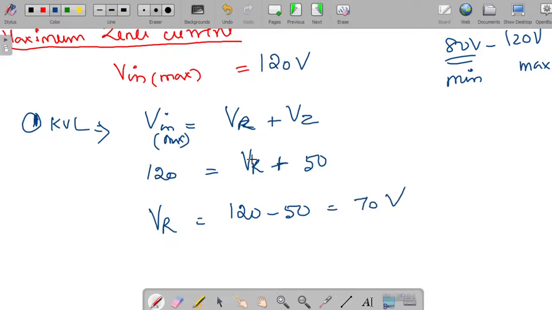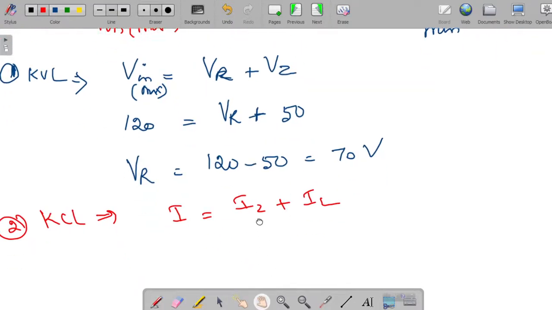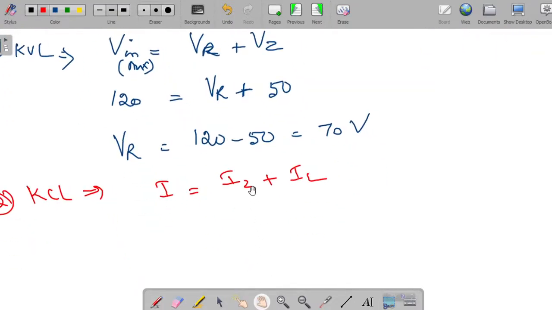Right. So now we can pass on to the second equation. What is the second equation? That equation is KCL. By KCL we know the total current is equal to IZ plus IL. In that way we have to write. IL, how do you calculate the IL current?